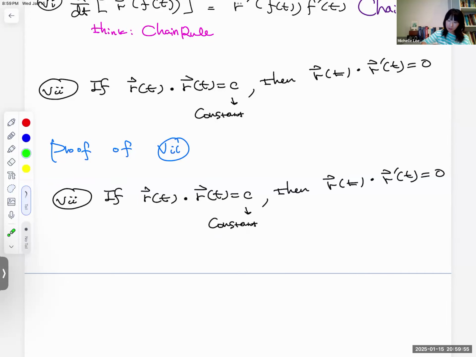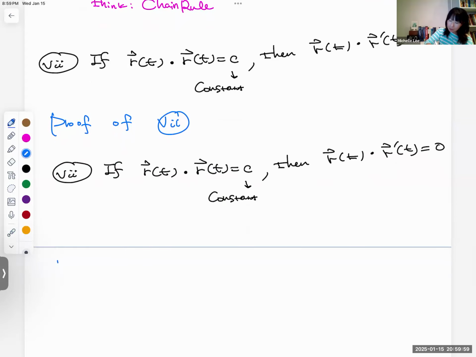And this is the condition. So let me write down the condition. Let the dot product with itself be equal to a constant.